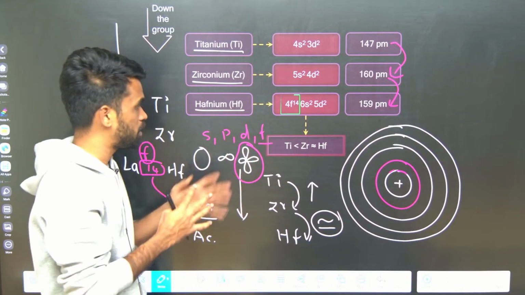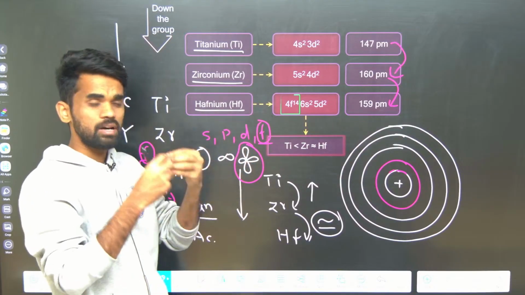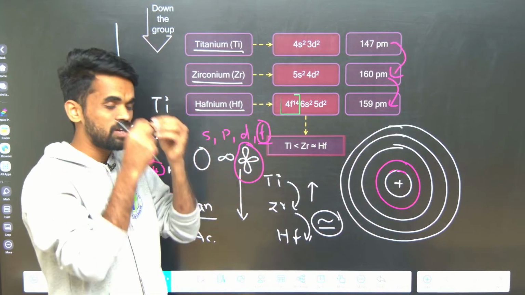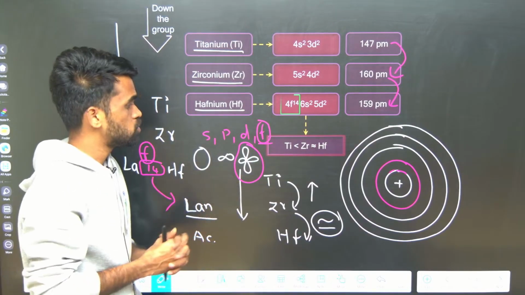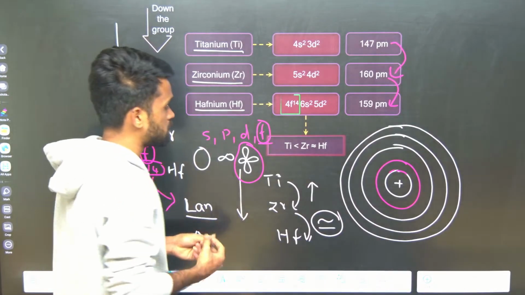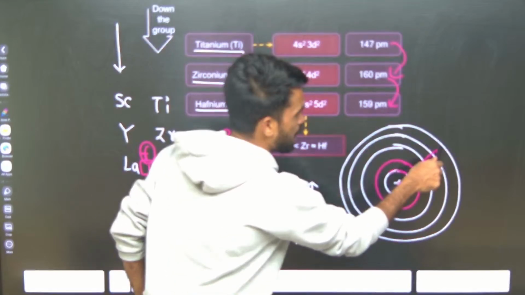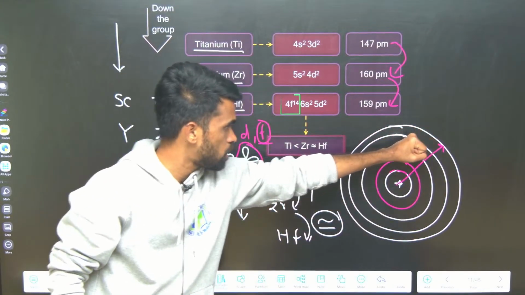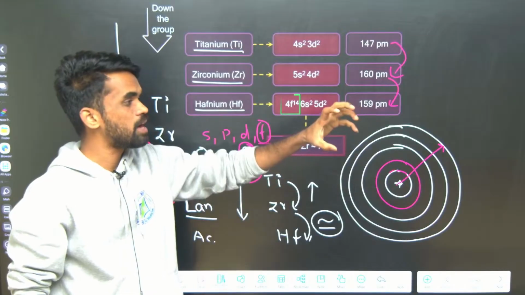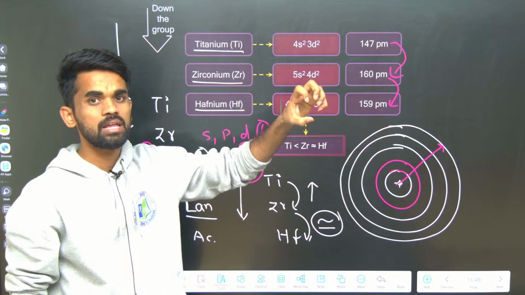So if it is very less symmetric, what happens? The nucleus can show its positive nature up to the valence shell electrons. Those valence electrons are strongly attracted towards the nucleus. Therefore, what happens to the size? Size of those elements decreases.